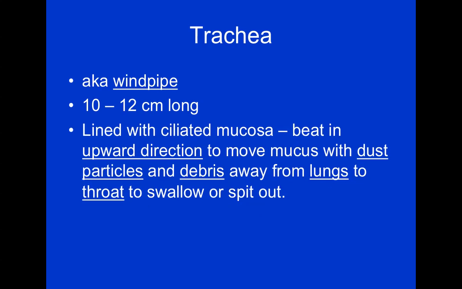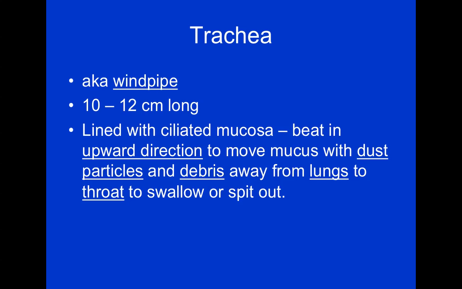The inside of the trachea is lined with ciliated mucosa. These actually beat upward to move the mucus towards the back of the throat so you can swallow or spit it out. This is because sometimes the mucus in this area does end up with some debris in it, and you don't want that debris to end up down in your lungs. It can actually cause some serious infections.